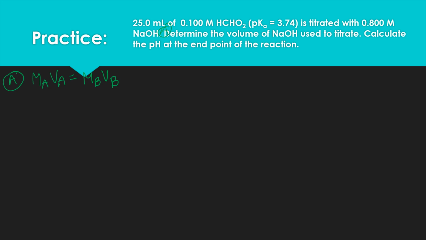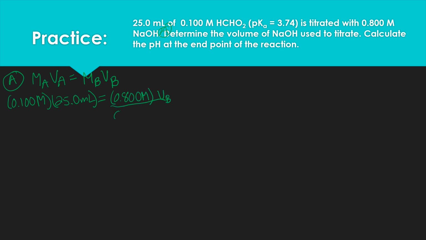So our molarity of our acid is 0.100 molar times our volume of our acid, 25 milliliters. And that's going to equal our molarity of our base, which is 0.8 molar times our volume of base.